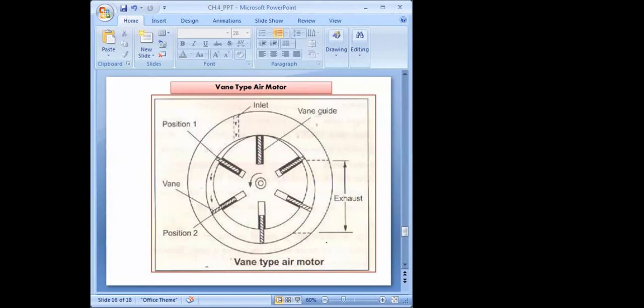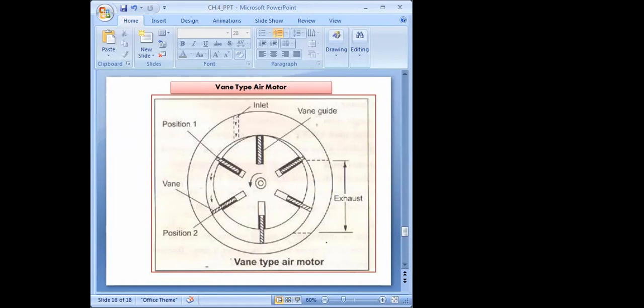So this is the construction of the vane type air motor, but there are some limitations. First, you will get noisy operation. The air exhausting from the motor creates an unpleasant sound, that means noise.